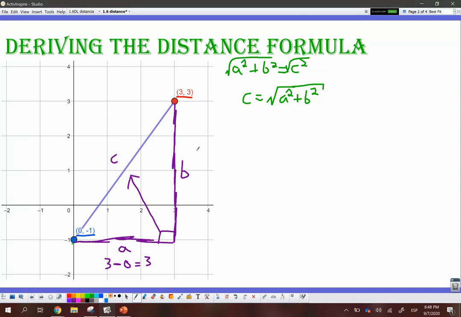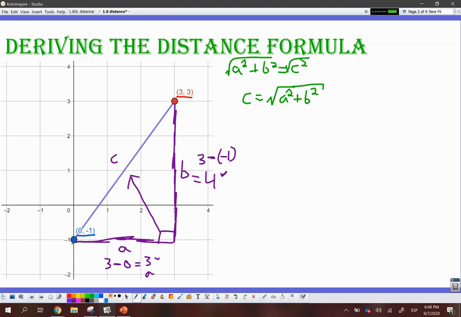Here I have 3, and I'm going to subtract from it -1. So 3 minus -1 gives me 4. So for my A, I get 3, and for my B, I get 4. Now if I want to verify that, 1, 2, 3, this checks out, and 1, 2, 3, 4, this checks out. So what we did was we subtracted the coordinates, right?